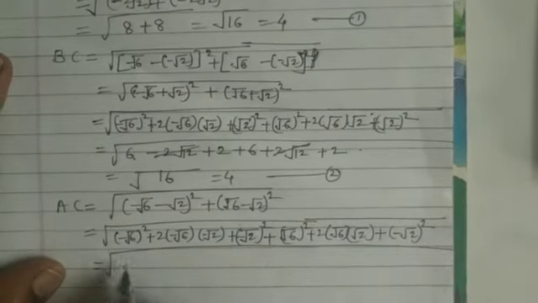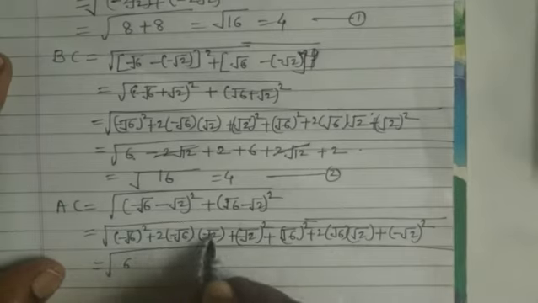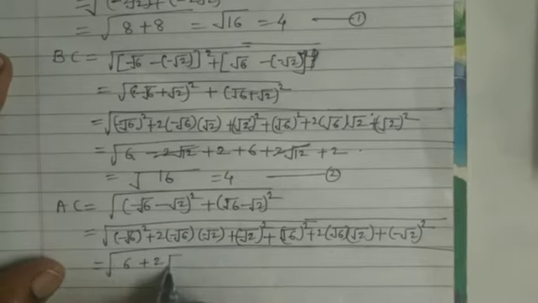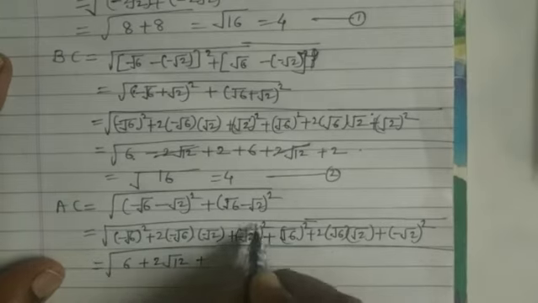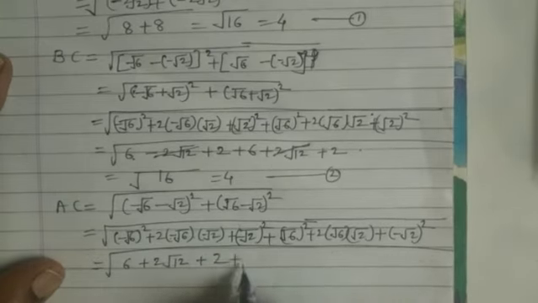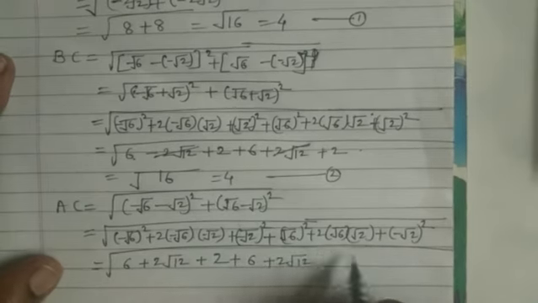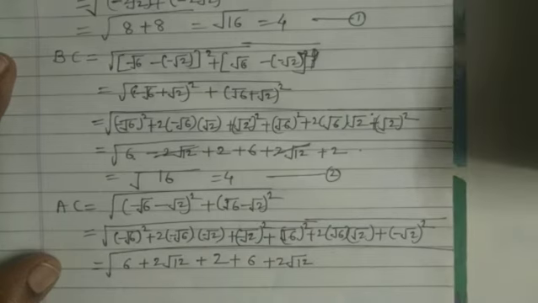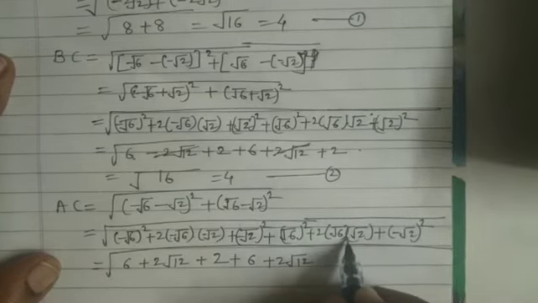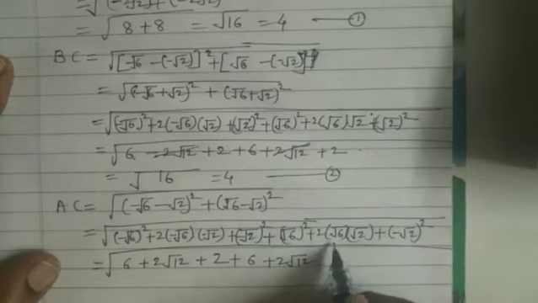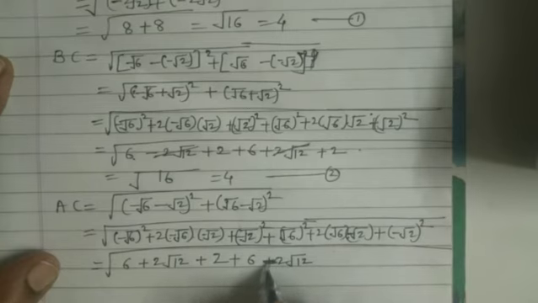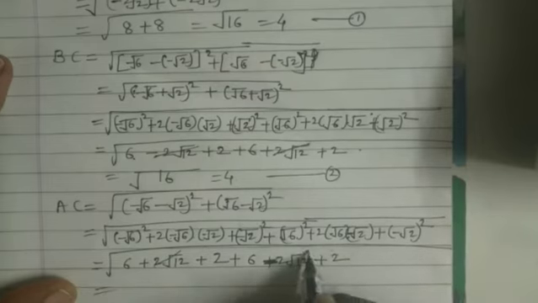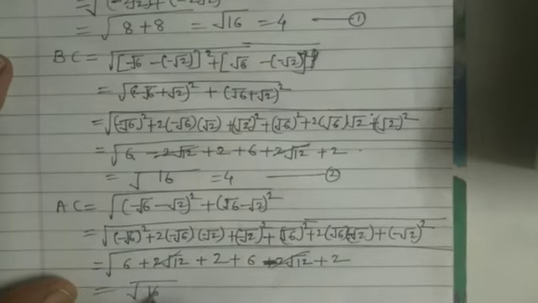Now we simplify here, the square is 6, this negative and this negative become positive. 2 root 12 plus minus root 2 square means 2, plus root 6 square means 6 plus 2 root 12, and the minus 2 root 12 and plus 2 root 12 cancel, root 16 again.